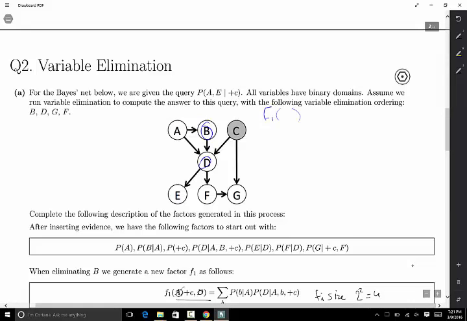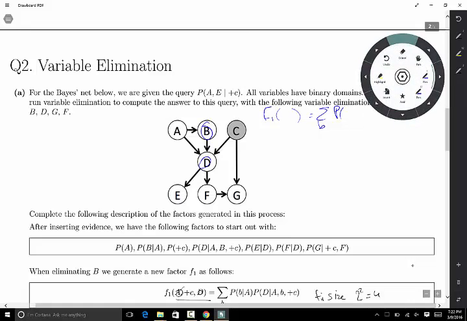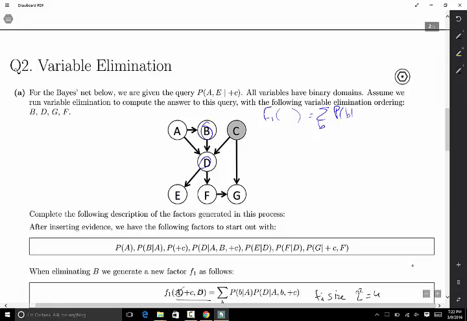So in the solution, we start with B, which is fine because the factor we'll get from that is the sum over B of P of little b given A times P of D given little b, which is a factor that only involves A and D. So that's size 4, so we're good.